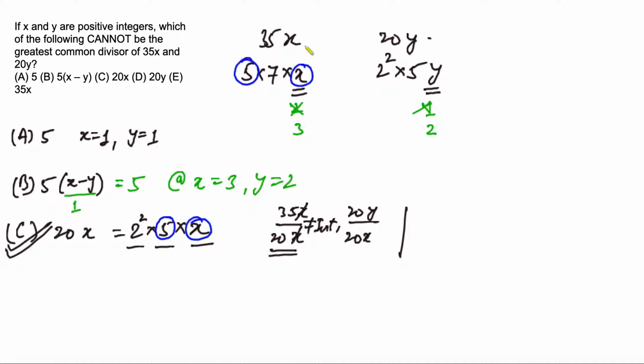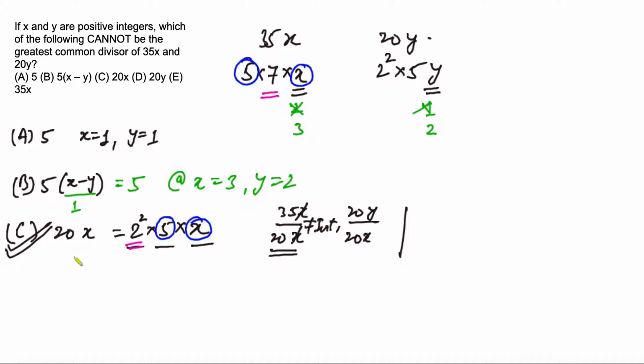Now out of 35x I am left with only 7. And I cannot take 2 square out from the number 7. Which means 20x cannot become the part of 35x. So that once again proves our point that 20x cannot be the highest common factor of these two given numbers.